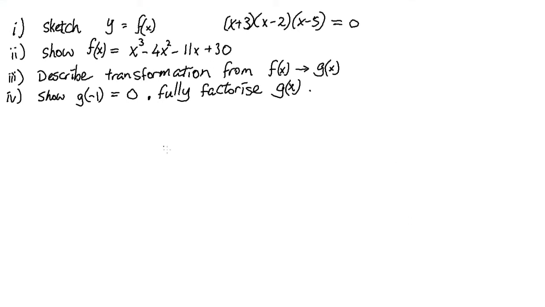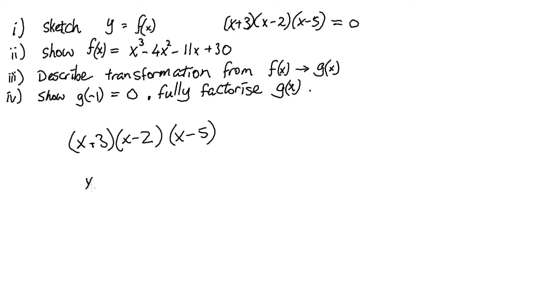Now part 2 is simply expanding this whole expression. So it is (x plus 3)(x minus 2)(x minus 5), completely expanding these three brackets. First of all, deal with the first two.